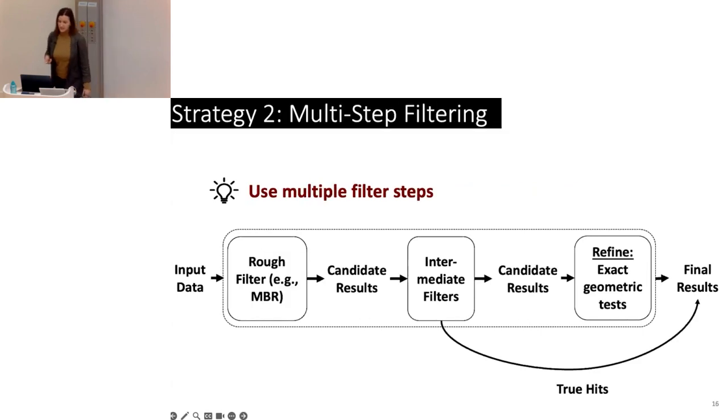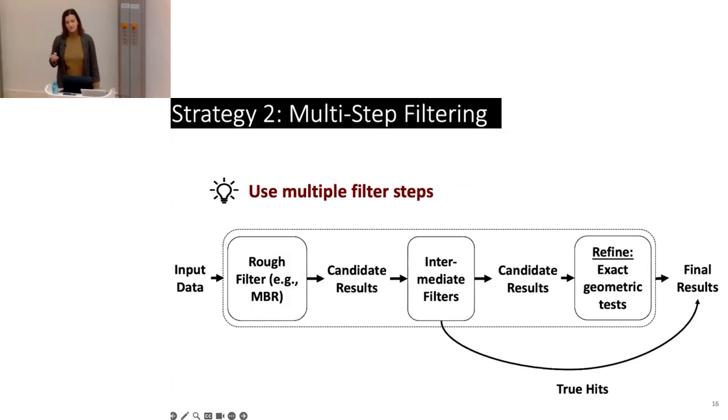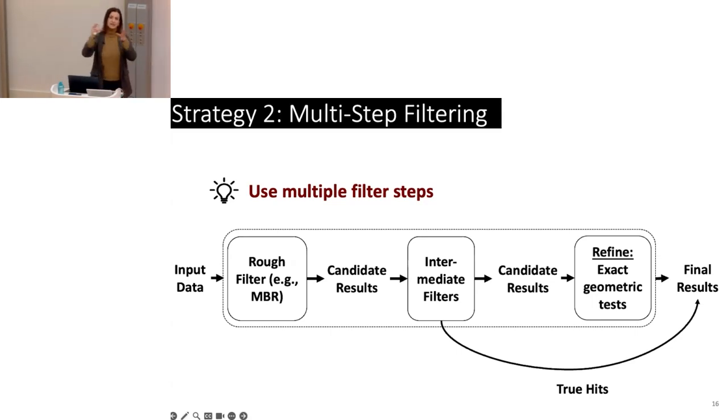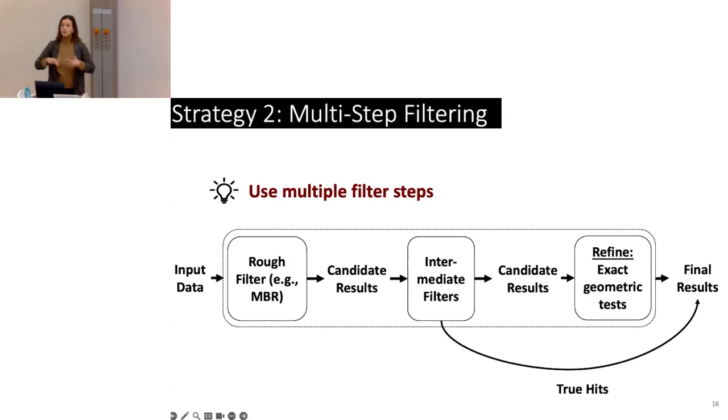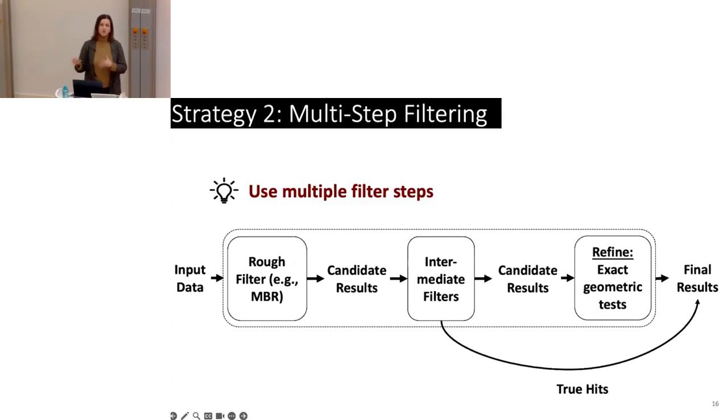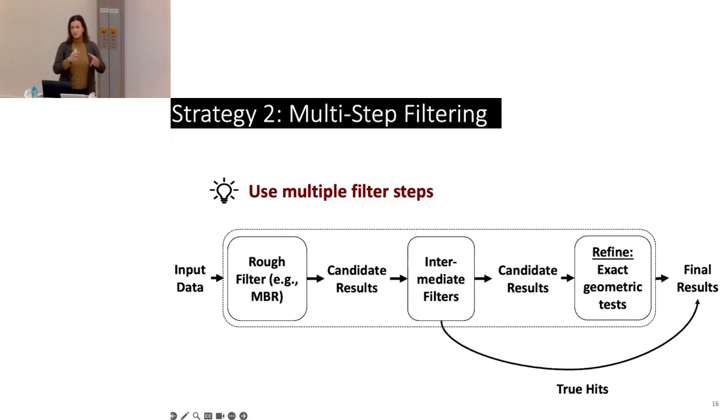The other strategy is, instead of trying to minimize the candidates that will go through refinement by using a single but very precise filter, you can add multiple intermediate filtering stages with progressively more precise approximations. So here, typically, you would start just with a rough filter that could be your minimum bounding rectangle as a first filter to eliminate obvious non-matches.